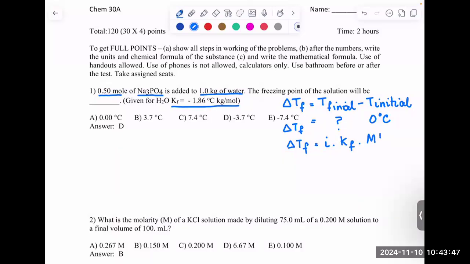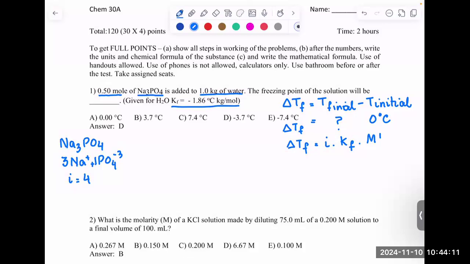For Na3PO4, this is 3 sodium ions and 1 phosphate ion, minus 3. So the total number of ions is 4, so the value of i is equal to 4.